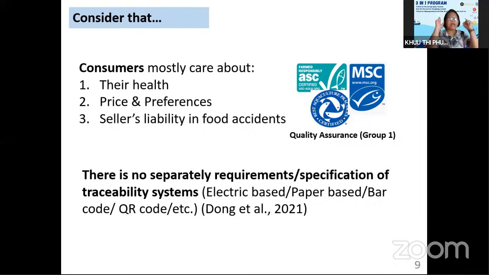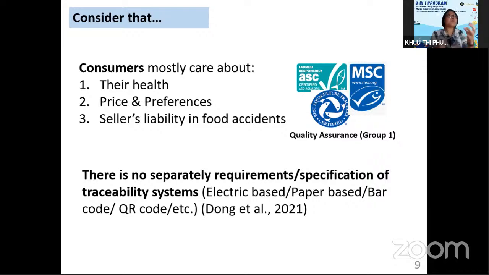And one more piece of information. This is the result from my study. Until this period, there is no separate requirement or specification for a traceability system.